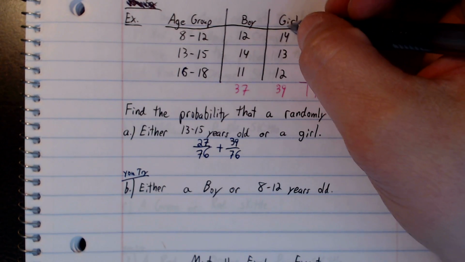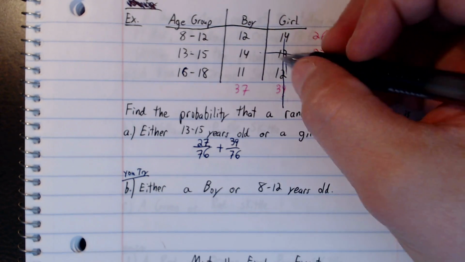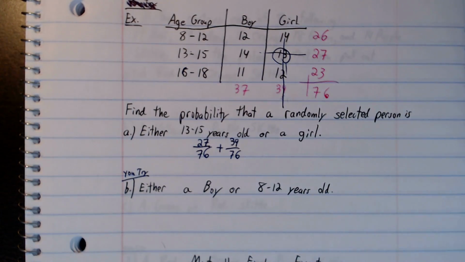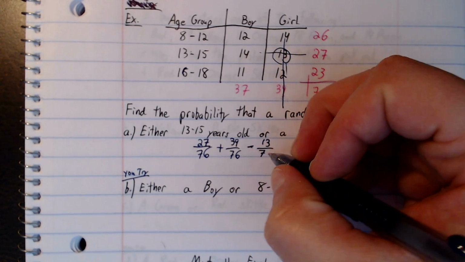Between girls and the age group, they intersect at 13. So we have to get rid of that overlap.